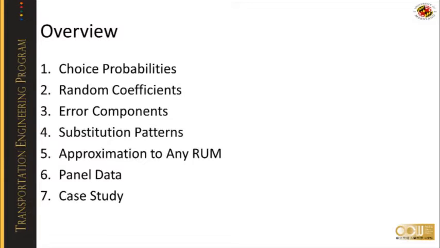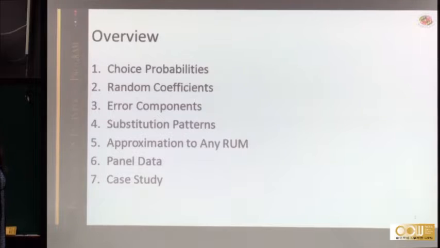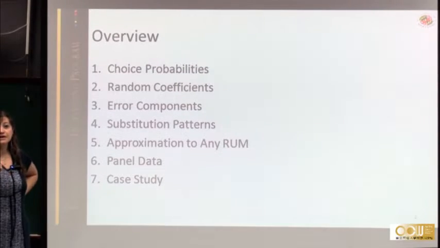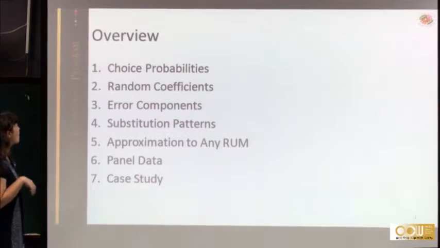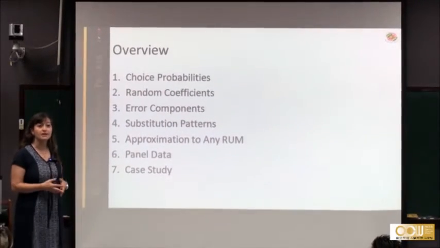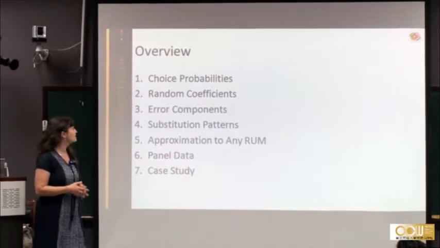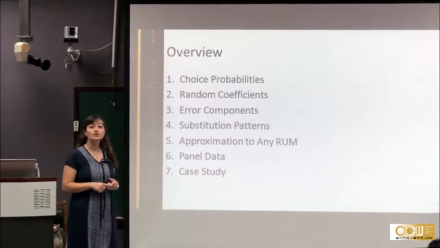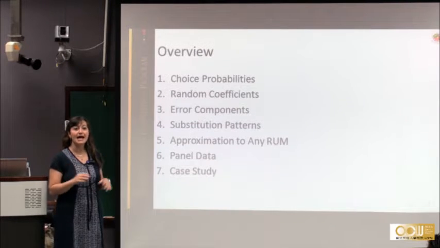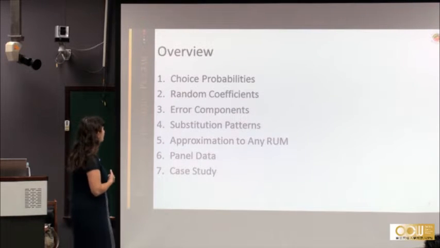This is the overview of what I'm going to cover today. So first of all, I would like you to understand what the choice probabilities in Mixed Logit are, and the two specifications of Mixed Logit. You have two different possibilities to specify a Mixed Logit. One is random coefficients, which has been widely used in transportation, as I said, in the last 10 years. But there is also another specification, which is the error component, that is kind of a nested logit.